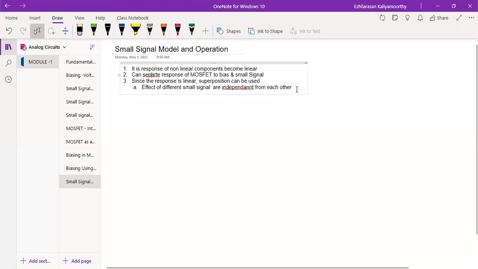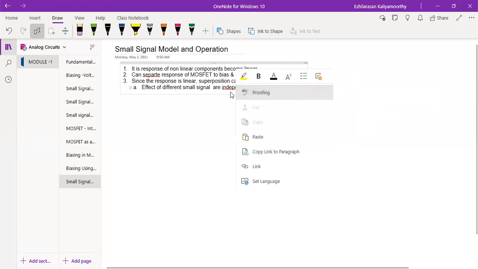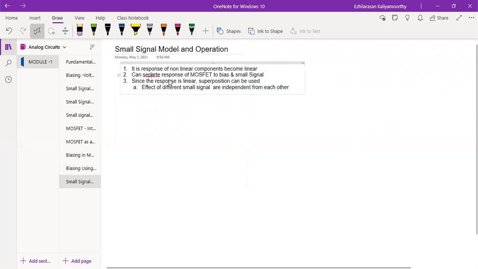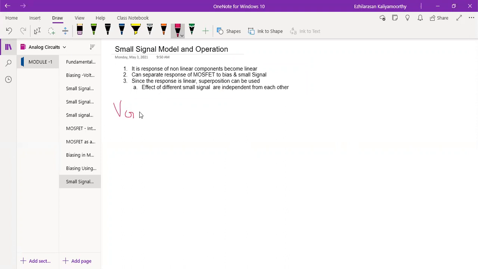Now, in the small signal model operation we'll use three different terms. Let me show how it will be. The first one is VGS. This is the first term, the applied DC voltage.